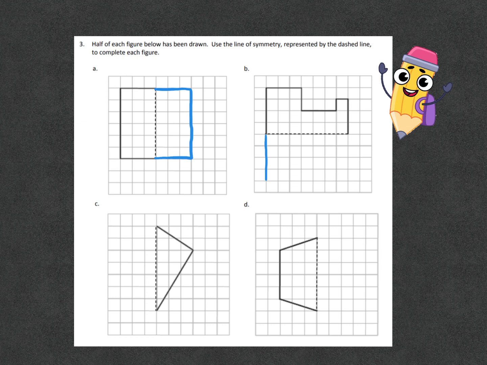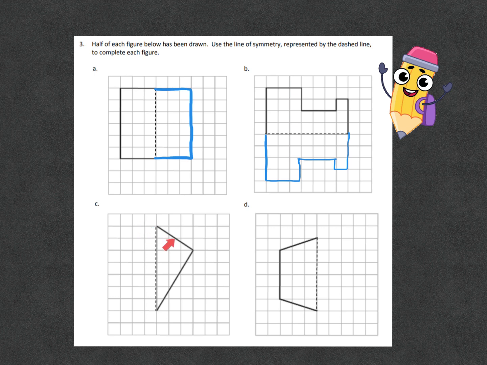Then we are going to move to the right 3 units, up 2 units, to the right 3 units, down 1 unit, to the right 1 unit, and up 3 units to connect to our line of symmetry to complete our figure B. Now you can see that looking at our line of symmetry, we have created a mirror image.